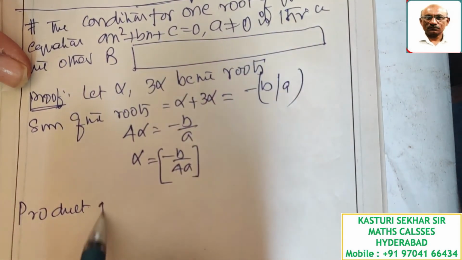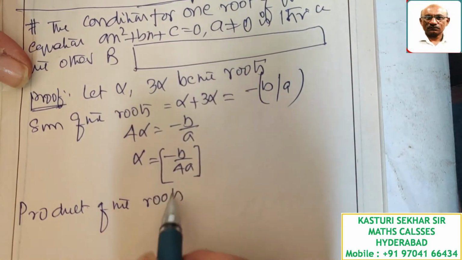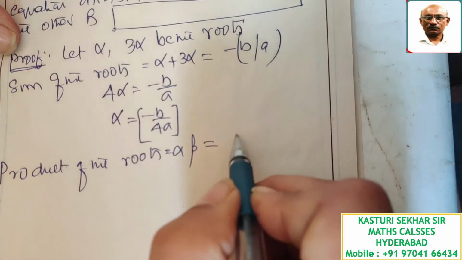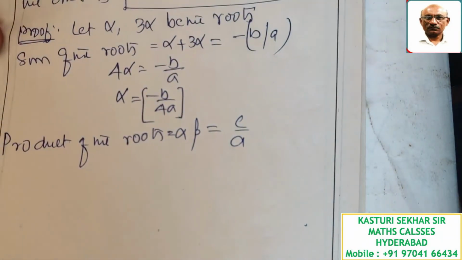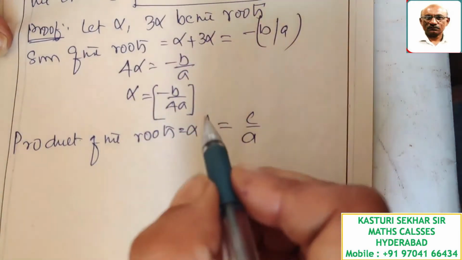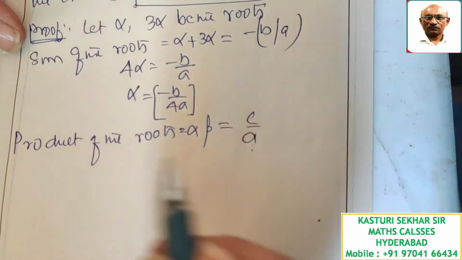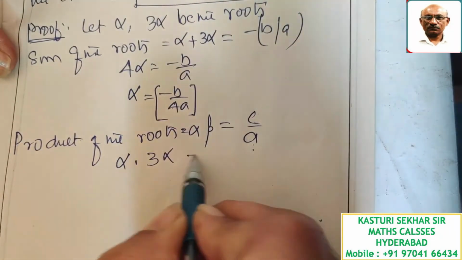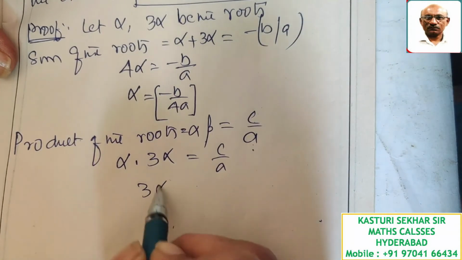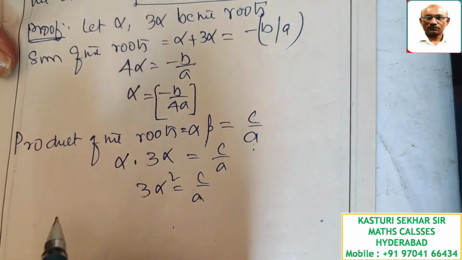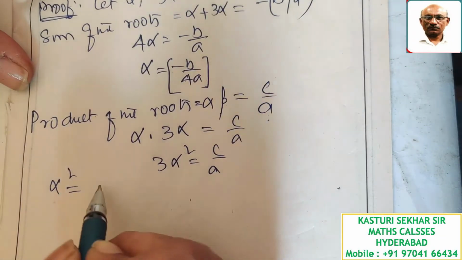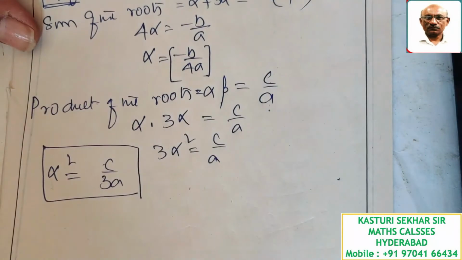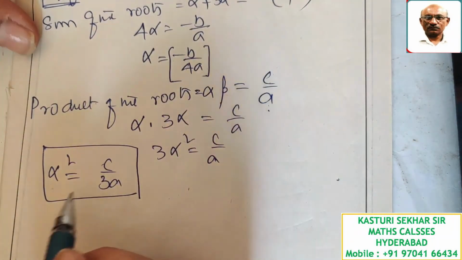Next, product of the roots alpha beta is equal to c by a, constant term divided by x square coefficient. Alpha into beta can be replaced with 3 alpha. 3 alpha square is c by a. So alpha square is equal to c by 3a.